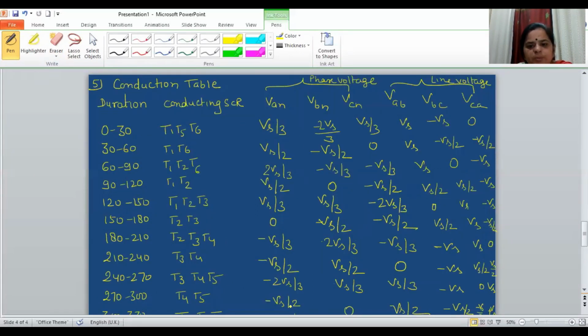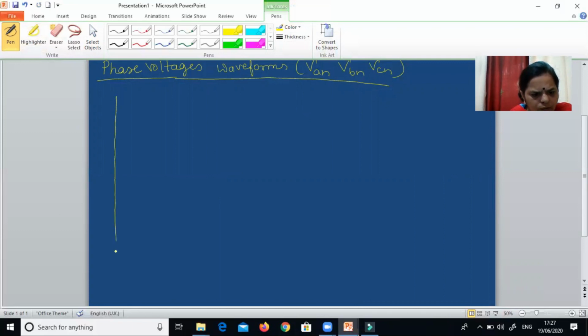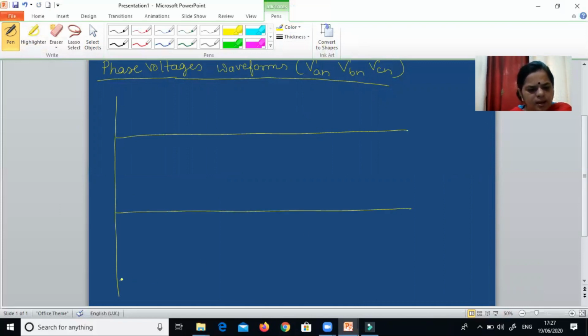Now this will be the conduction table. Now if you plot the waveform, you can see that A phase voltage is Vs by 3, Vs by 2, 2 Vs by 3, like this. Vs by 3, Vs by 2, 2 Vs by 3, Vs by 2. So like this we are supposed to plot. Now let us plot the y-axis. Here we are having VAN, VBN and VCN.